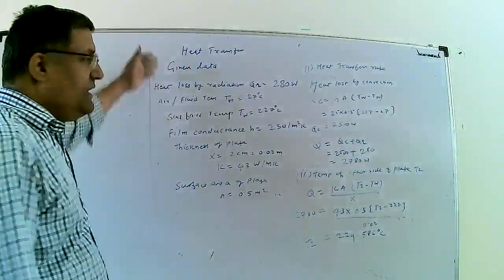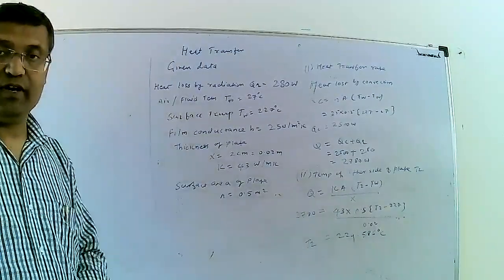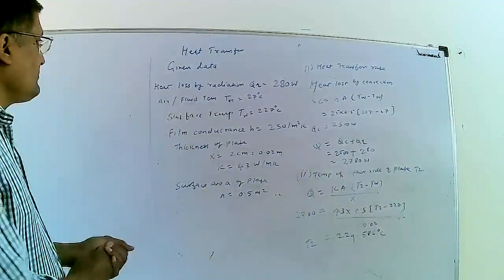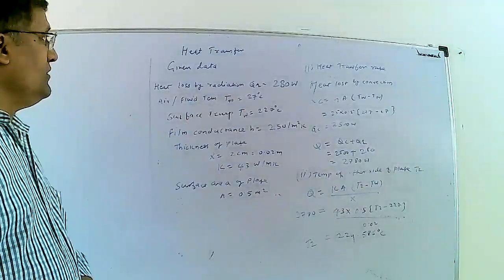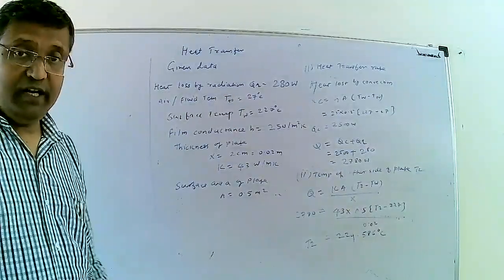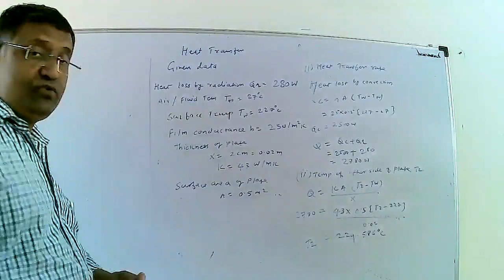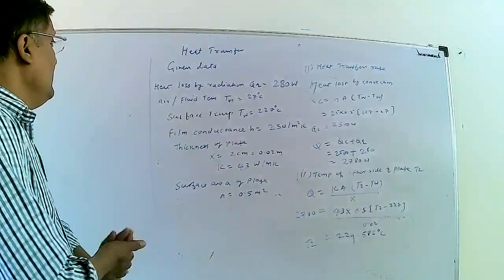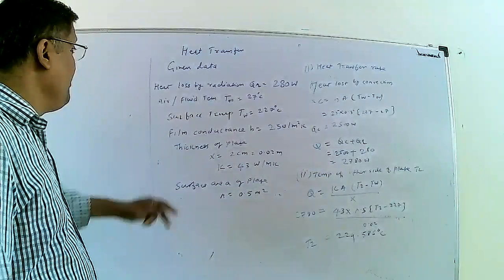First of all, the heat transfer rate. First, whatever information you have been provided. Heat loss by radiation, QR, 280 watt. Air or fluid temperature T infinity, 27 degrees Celsius. Surface temperature TW 227 degrees Celsius.